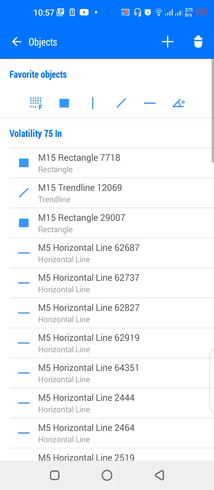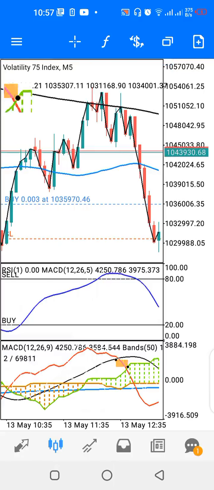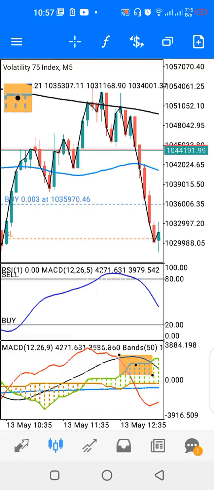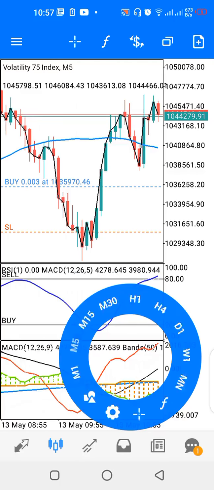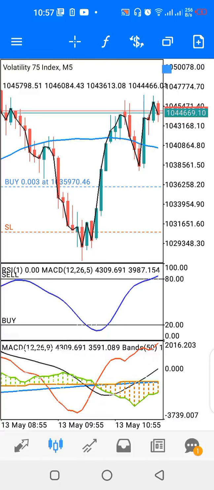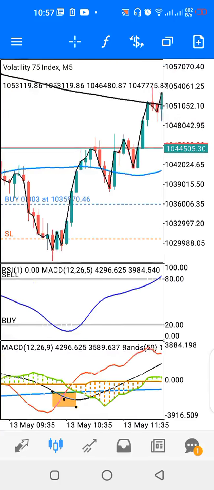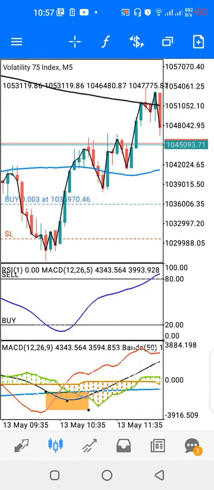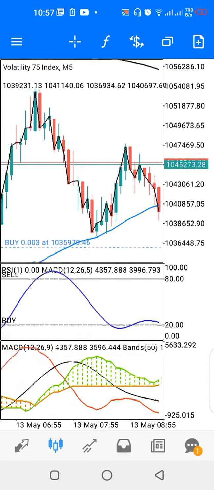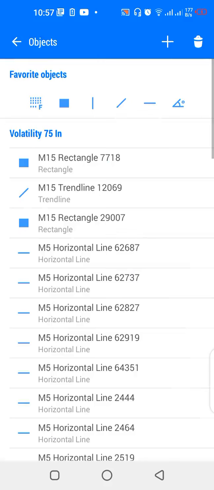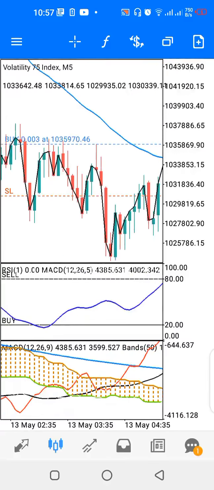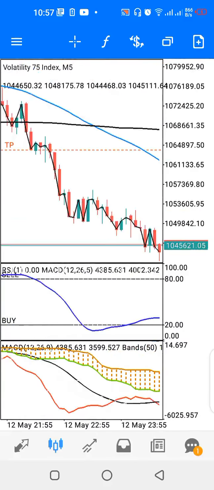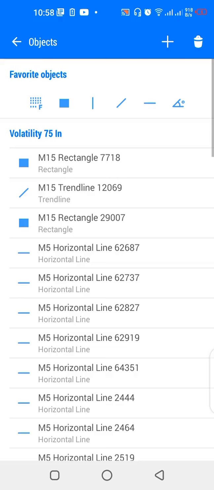This is your sell signal, just before they enter into the cloud. Like you have at the base, just before they enter into the cloud, that's your buy signal. And this is your sell signal. This is your buy signal.